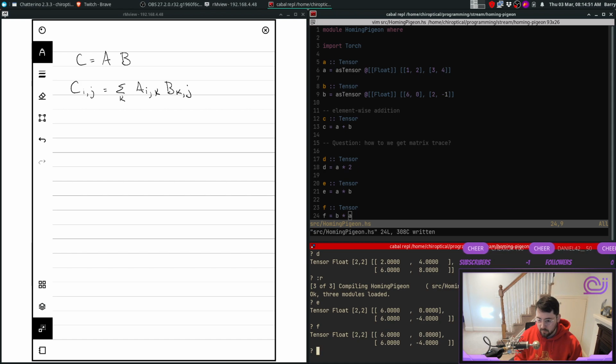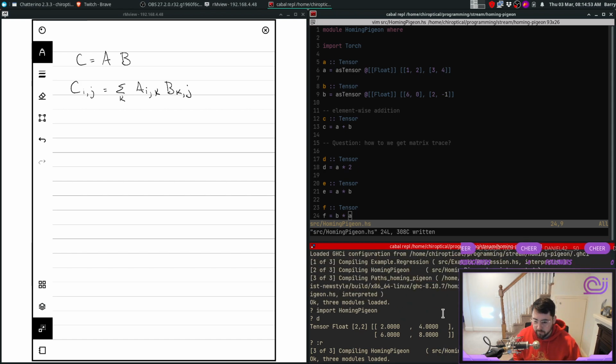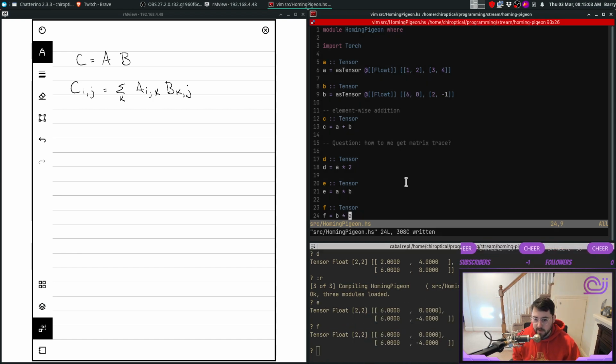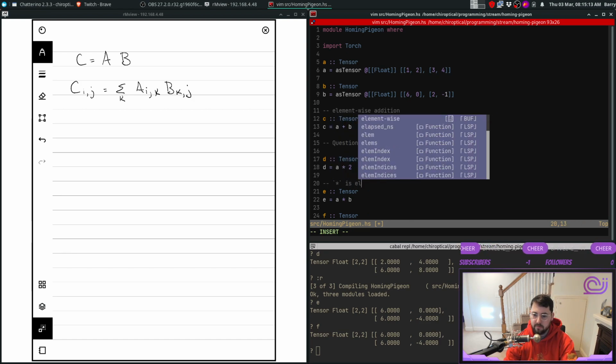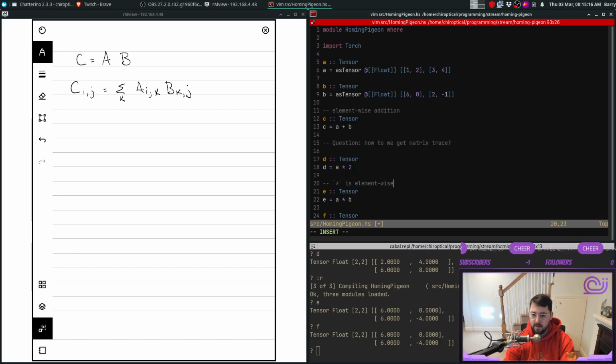Okay, so this is actually the element-wise. The operator times is element-wise as well, which is good.